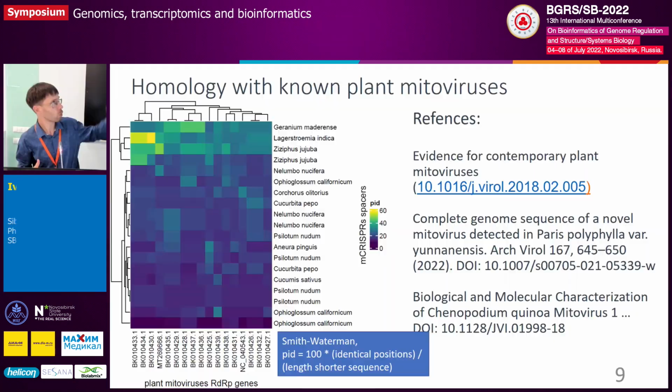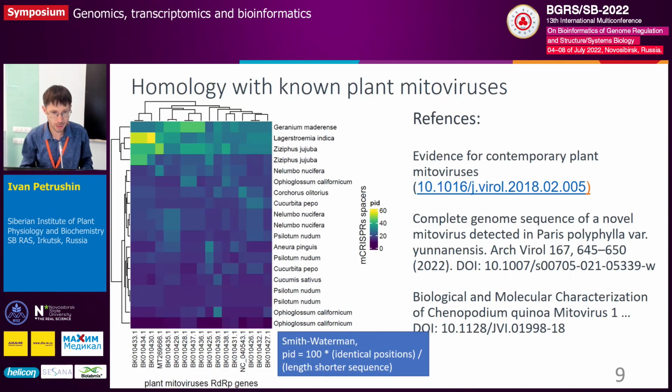Thank you. The most obvious function is the immune system, and we checked their homology with putative viruses, and also checked with other virus sequences. But how to discover the immunity effect?